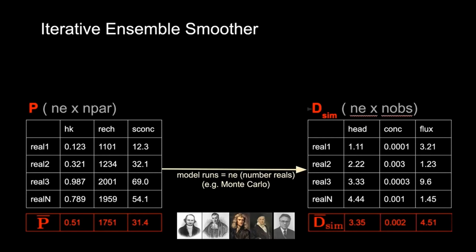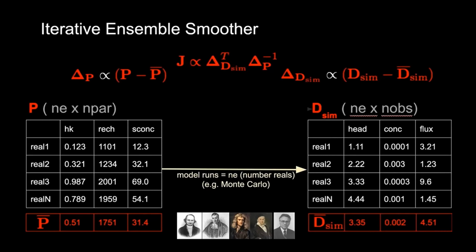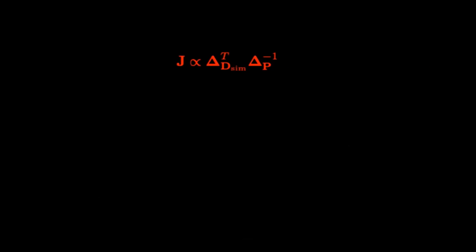After we fill in the DSIM matrix by running the model, we subtract the mean values off of both the parameter ensemble and the DSIM ensemble. Using those so-called deviation matrices, we can now form an approximate Jacobian matrix using this little bit of linear algebra. But this little bit of linear algebra is extremely important because it allows us to make the link between Monte Carlo and gradient-based methods that are highly efficient for parameter estimation.